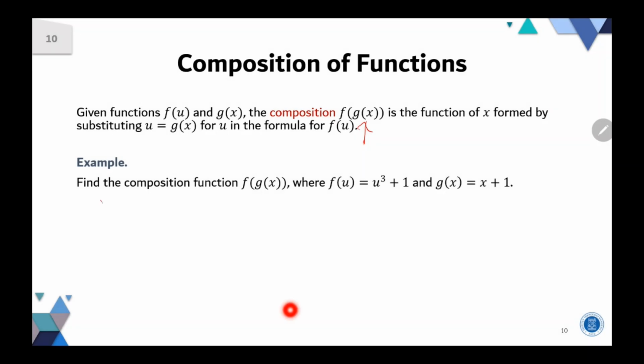So f of g of x is equal to, we substitute u here with the function g. So we have here x plus 1, to the power of 3, plus 1. You can try to simplify this function.